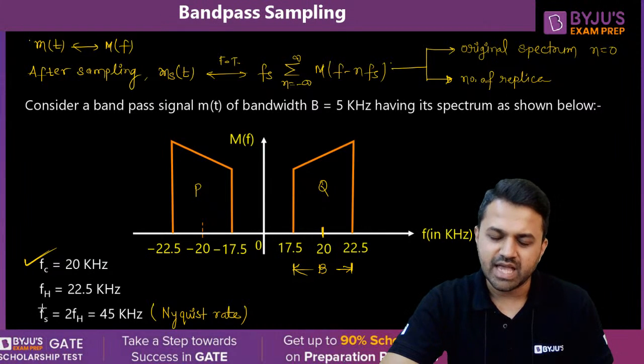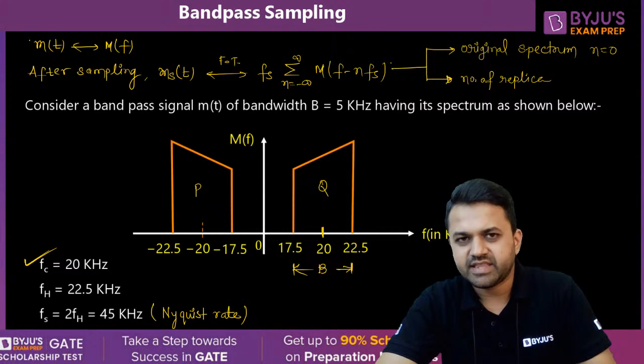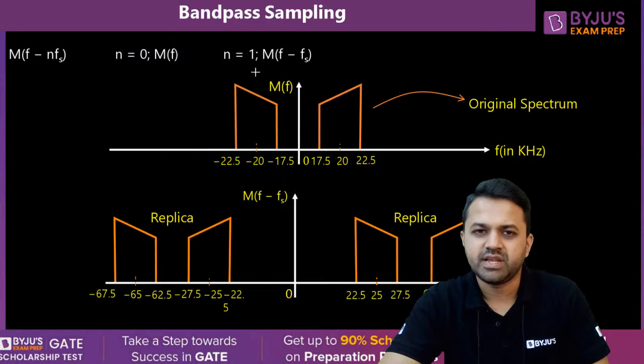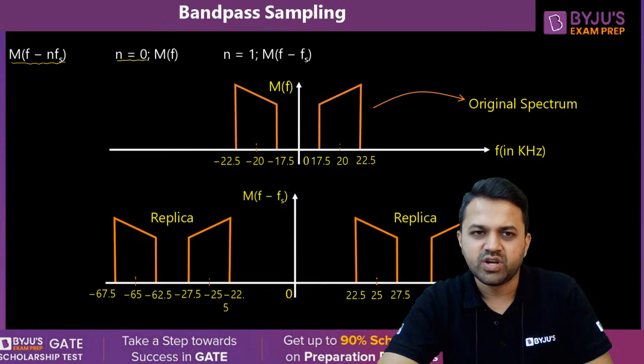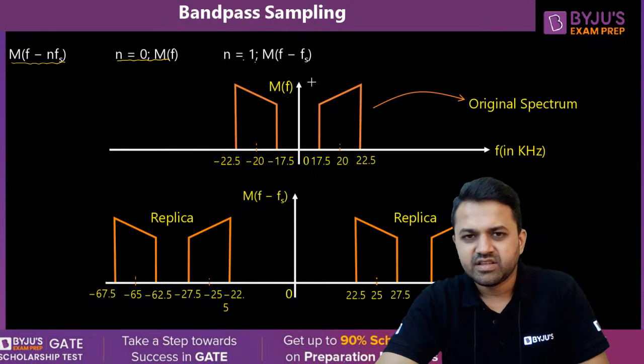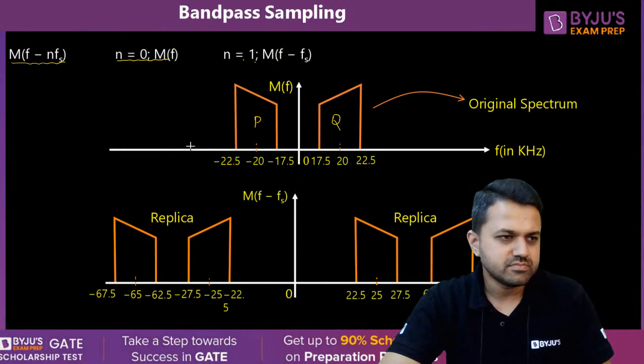If I sample with sampling frequency 45, the signal components will look like this. This is M(f minus nFs). For n equal to 0 we get M(f), and for n equal to 1 we get M(f minus Fs). This is our original spectrum M(f), which has the components P and Q.